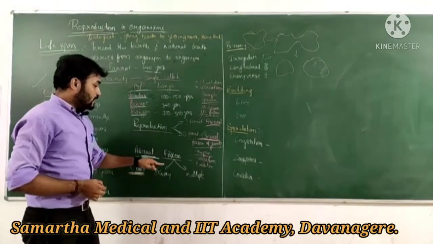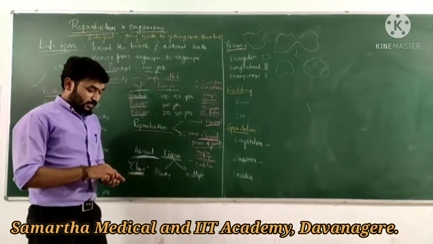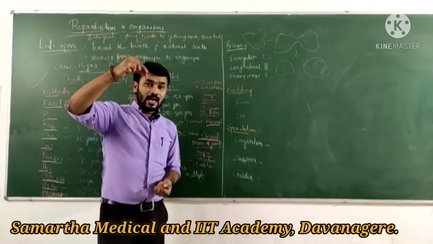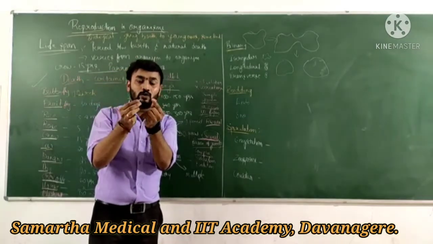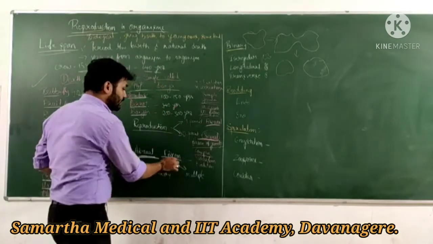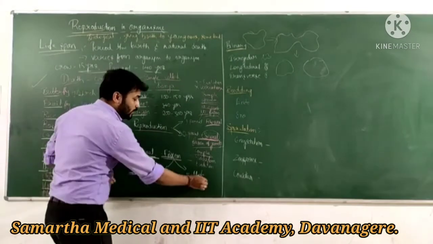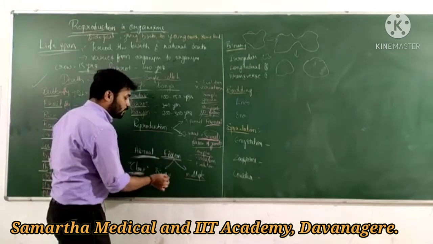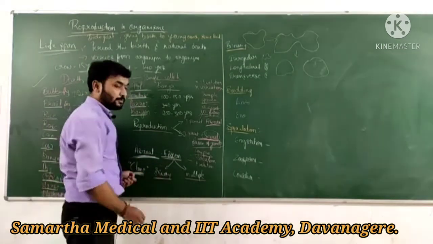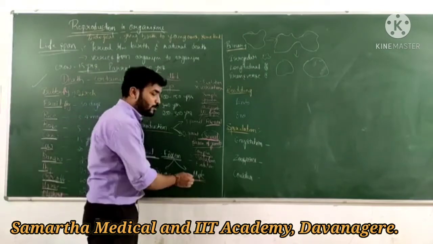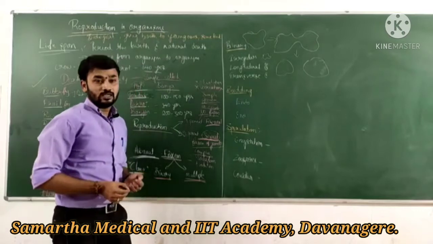Let us discuss. So the first thing is fission. What do you mean by fission? See, it is an organism. If it is divided into two, then it is called fission. Then fission is of two types. A parent body which divides into two cells is called binary fission. If the parent body divides into many cells or many units, then it is called multiple fission.